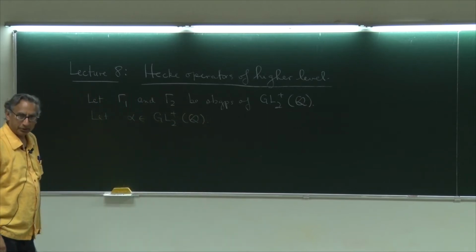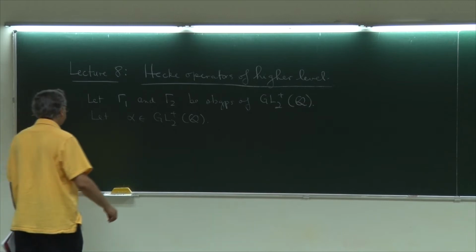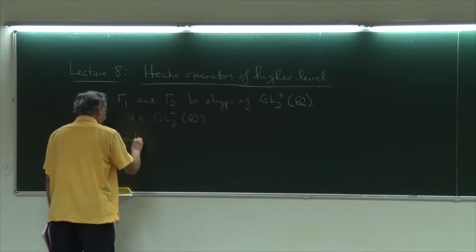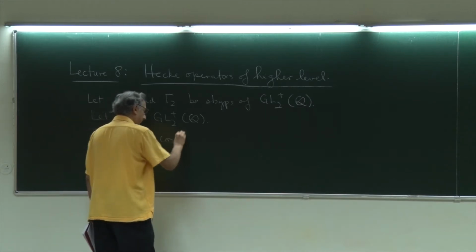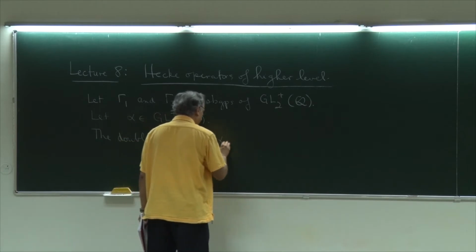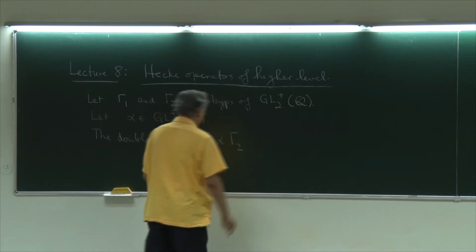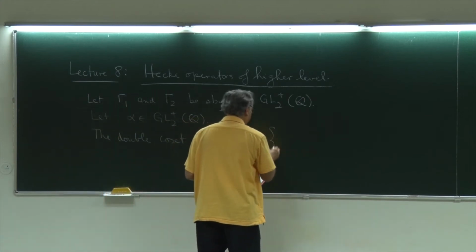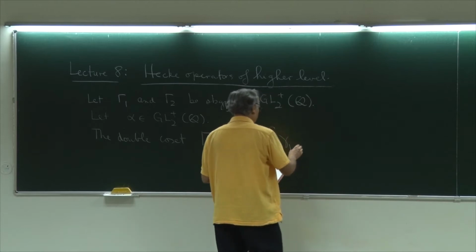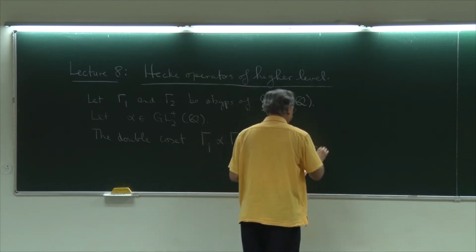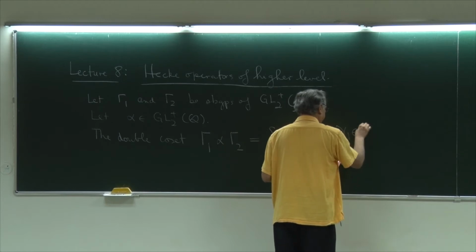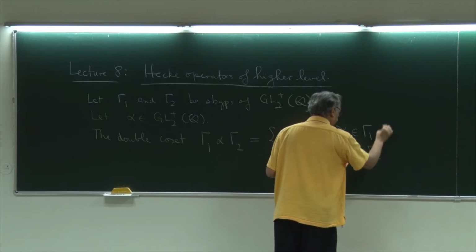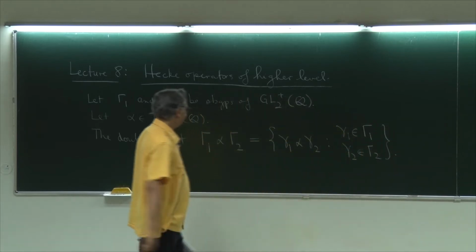In an earlier lecture, we discussed double cosets. The double coset Γ1 α Γ2 consists of all these elements.